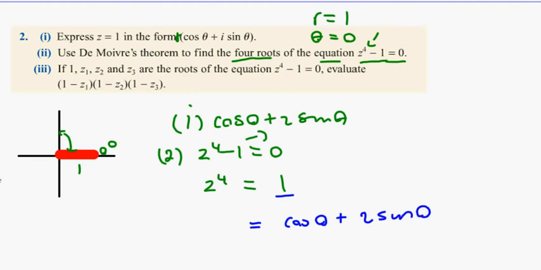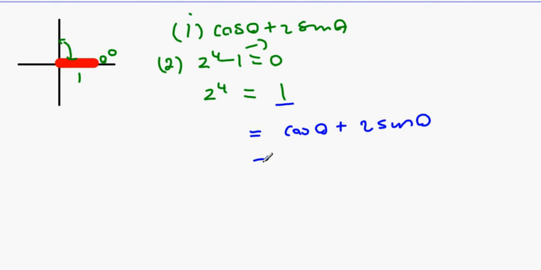Now there's another thing we have to do here. We have to adjust the angles, because angles repeat themselves every 360 degrees. When you rotate through 360 degrees you end back at 0, and it's constantly repeating itself every time you rotate.